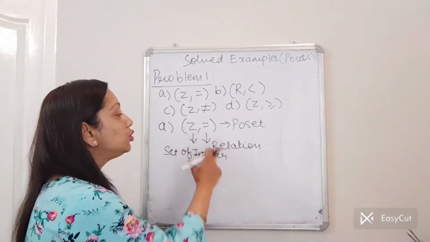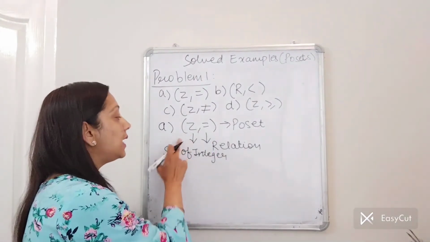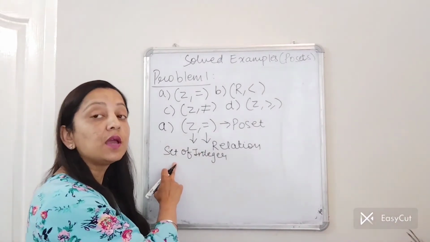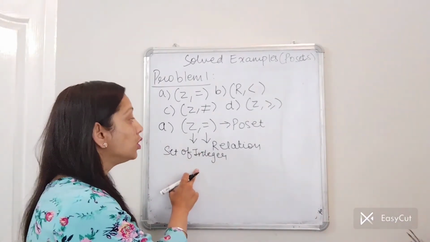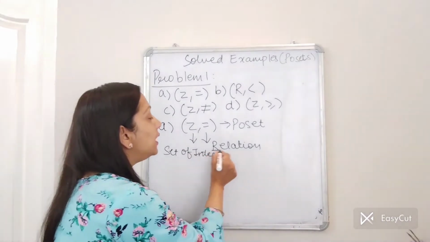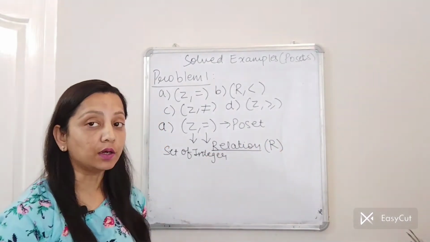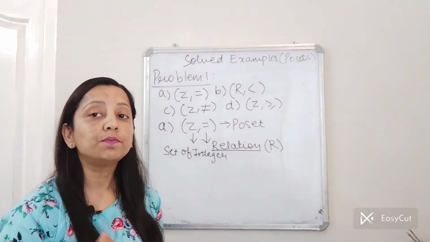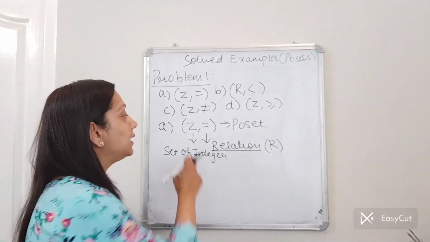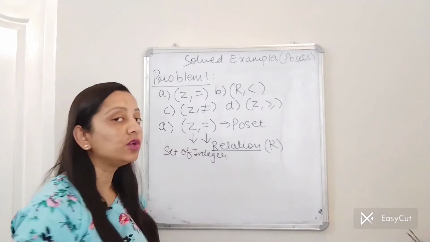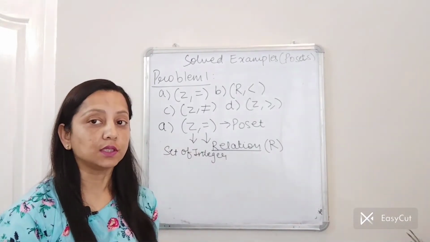So if I give this relation the name R, and if R is a partial order, then I can say that Z comma equal to is a poset.